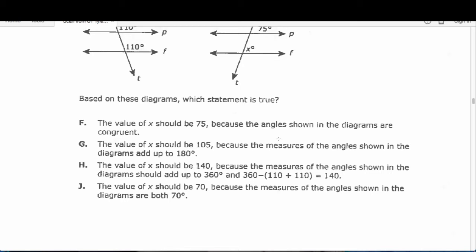G. The value of x should be 105 because the measures of the angles shown in the diagrams add up to 180 degrees. H. The value of x should be 140 because the measures of the angles shown in the diagrams should add up to 360 degrees, and 360 minus (110 plus 110) equals 140. J. The value of x should be 70 because the measures of the angles shown in the diagram are both 70 degrees.